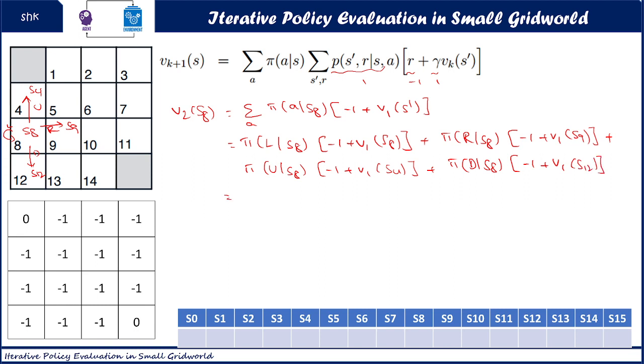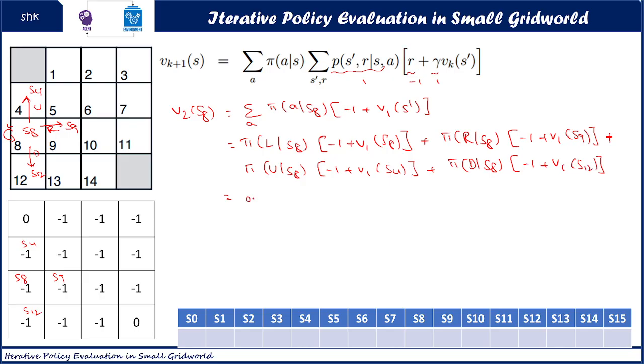So the probability of any action is 0.25, and here we require V1 of S8, which is equivalent to minus 1, S9 which is minus 1, S4 which is minus 1, S12 which is minus 1.